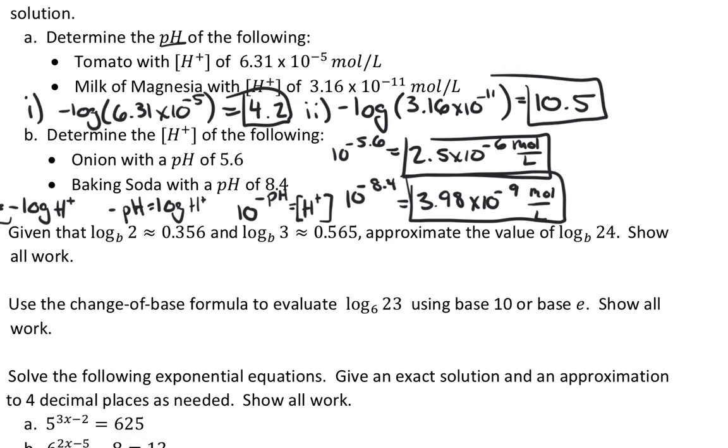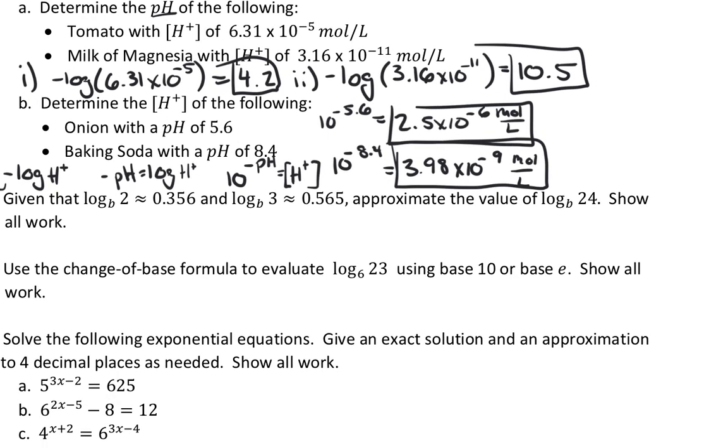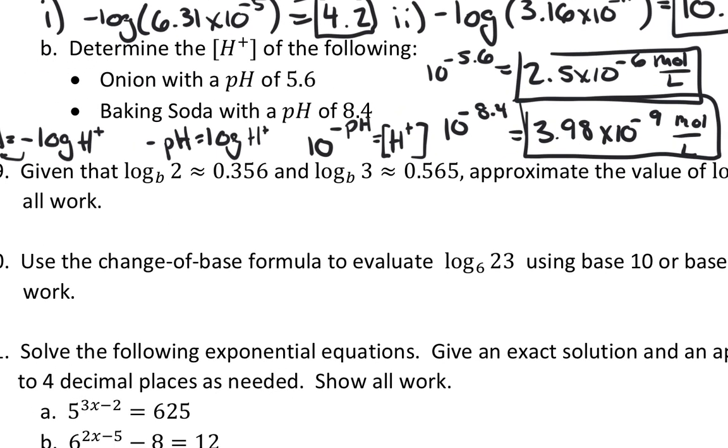All right. So 29. Given that log base b of 2 is around 0.356 and log base b of 3 is around 0.565, approximate log of 24. Show all work. So what we know is that log base b of 2, we know this, and so what we can do is rearrange that equation.